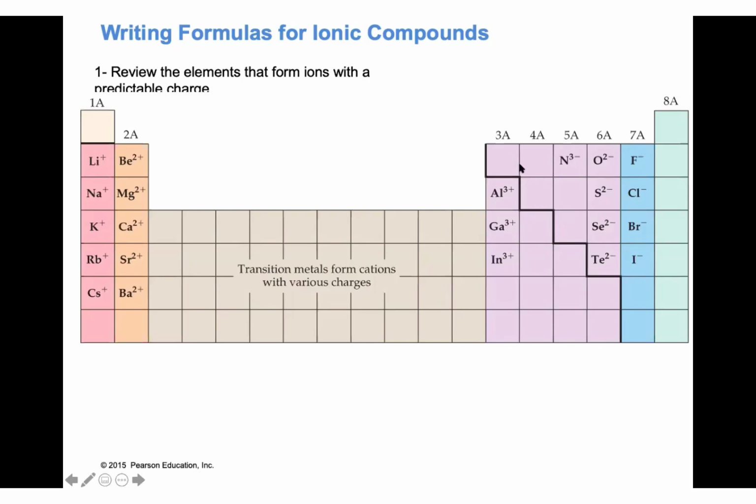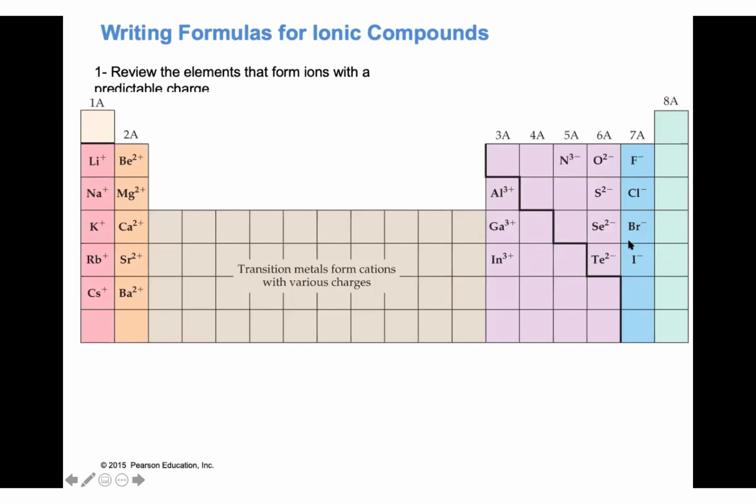Group 3A makes a 3 plus charge, 5A 3 minus, 6A 2 minus, and 7A or halogens 1 minus. You can pay attention that the ones on the right side of the ladder are all non-metals, and they always make negative charges.